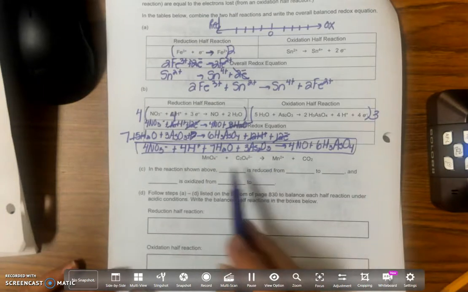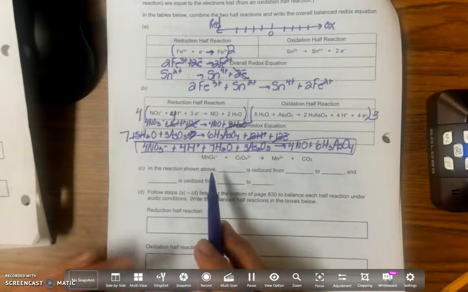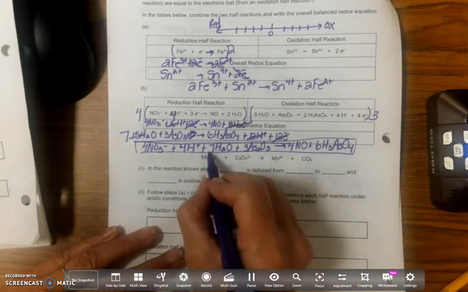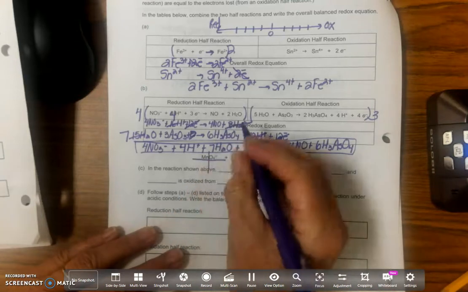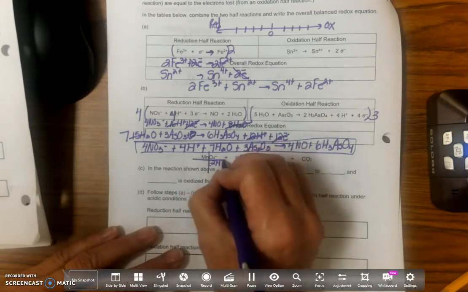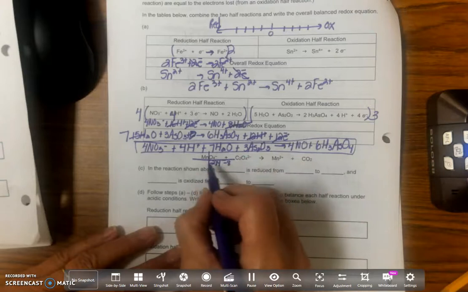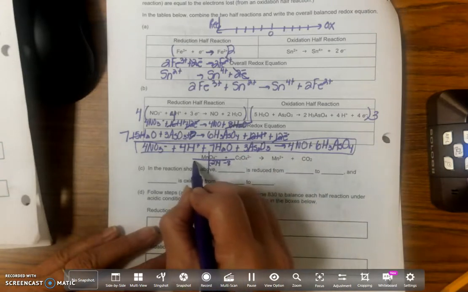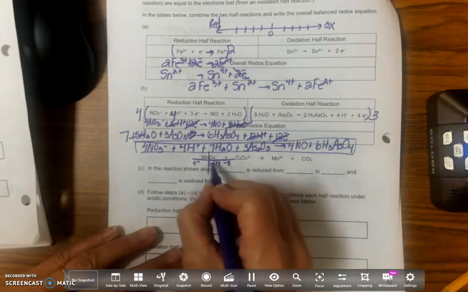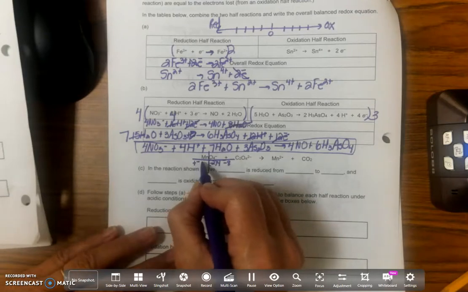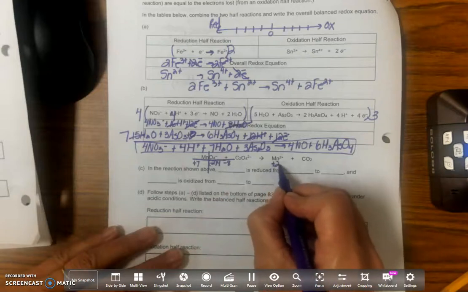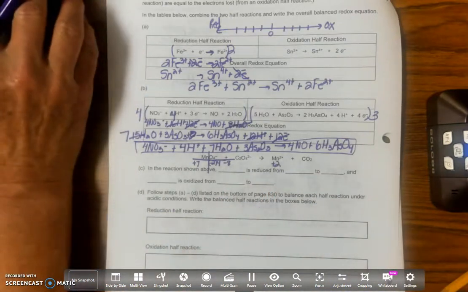Right? So let's look at this reaction. So in this reaction, what is being reduced? So I've got to go through and see if I can figure that out. Now, what I'm going to do is what we did before. That's why I wanted to go through that. Oxygen is a -2. I have 4 of them. That's a -8 on this side. This one is going to be a +7. And then over here, I'm going to get a +2 for that one.